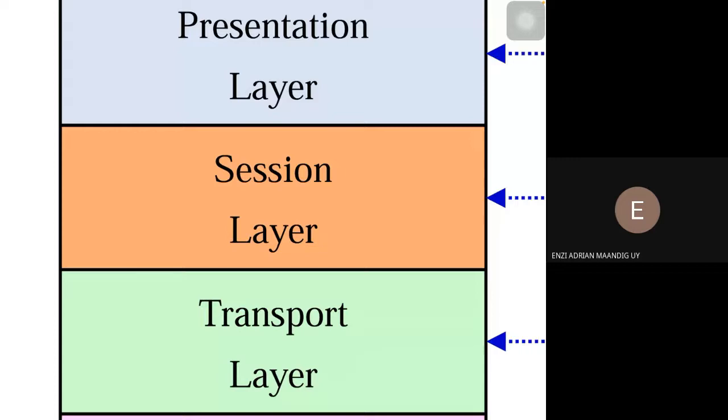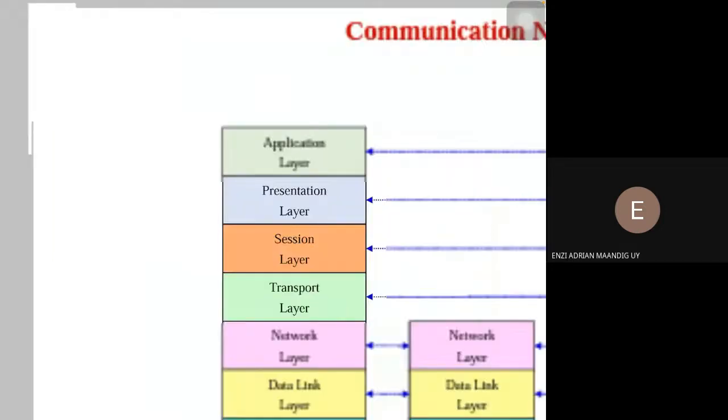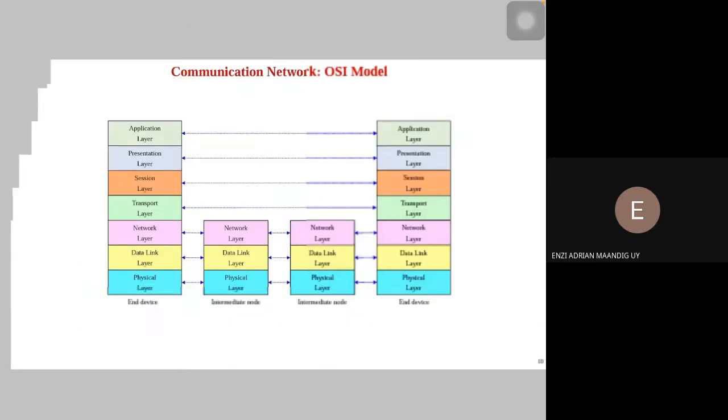If the end points are cellphones, what are the intermediate nodes? Okay, good question. What do you think? We will restrict this to computer network communication.